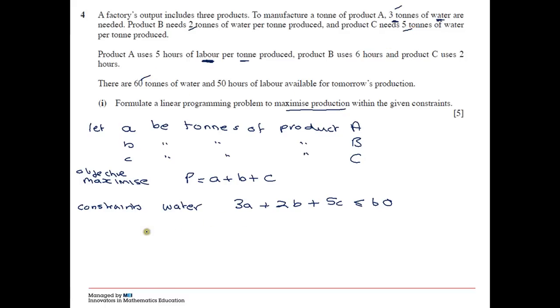And we've got a labour constraint, and our labour constraint in this case, our time constraint if you like, is going to be 5a plus 6b plus 2c less than or equal to 150. Apologies, that's just using the information that is given to you in the question.